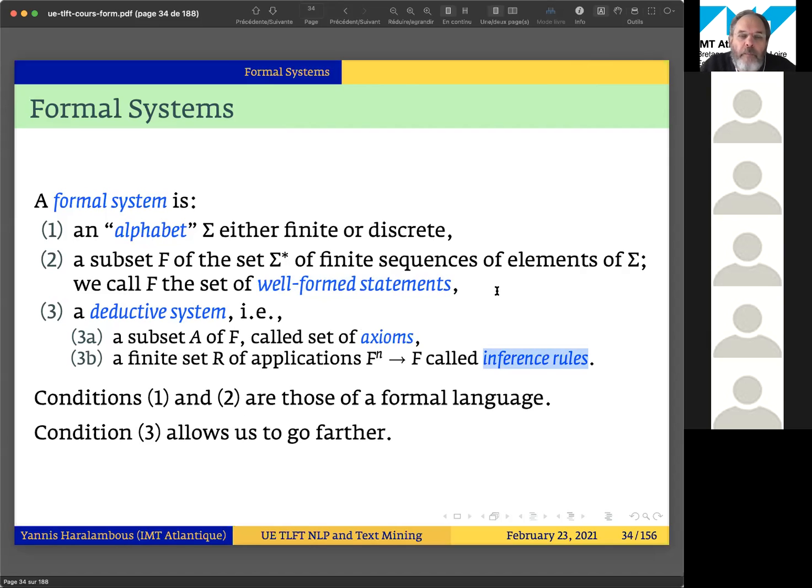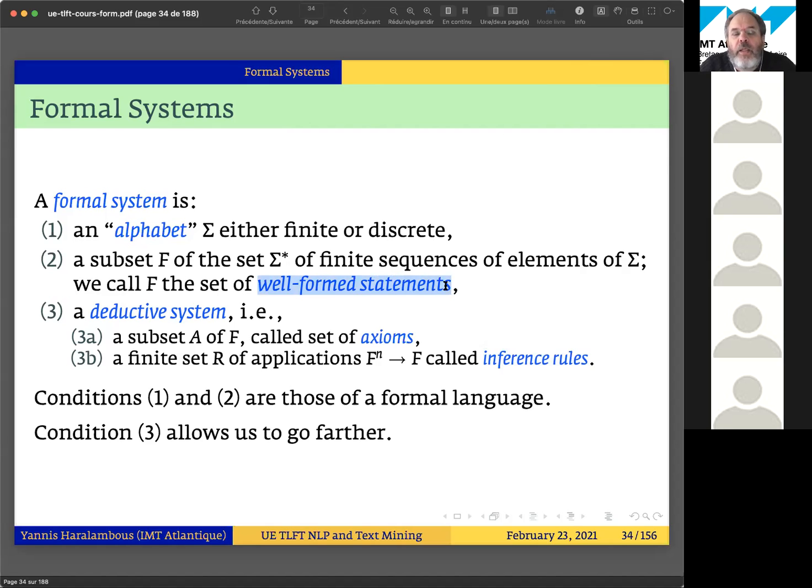Okay. So this means that we have two kinds of rules. We have rules that give us the fact that some word is a well-formed statement. So rules describing a formal system as a formal language, and rules providing us with new well-formed statements, which we call inference rules.